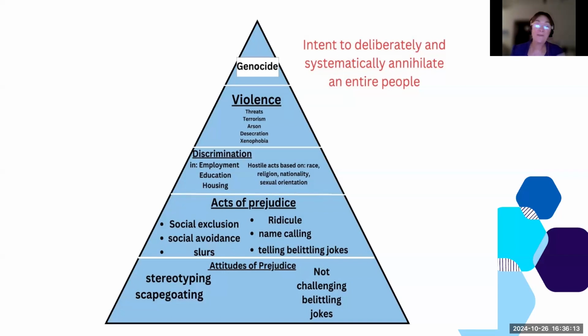And if they become acceptable behavior in our classrooms, in our communities, then it's easy for us to move on to acts of prejudice: social exclusion, social avoidance, slurs, ridicule, name-calling, telling belittling jokes. And if we don't challenge this, then we can move up the ladder to discrimination, and then to violence, and finally to genocide.